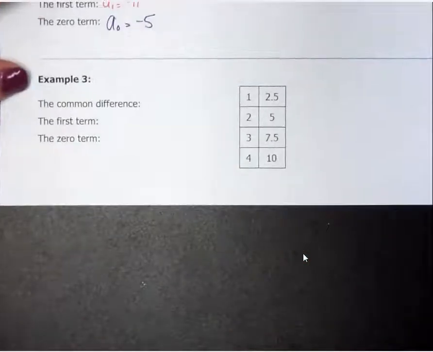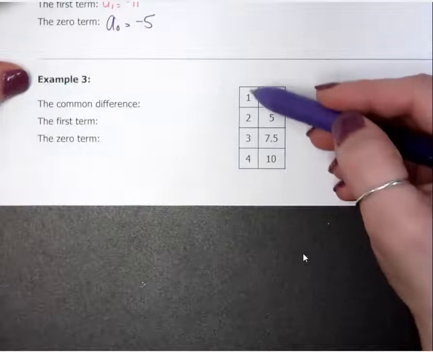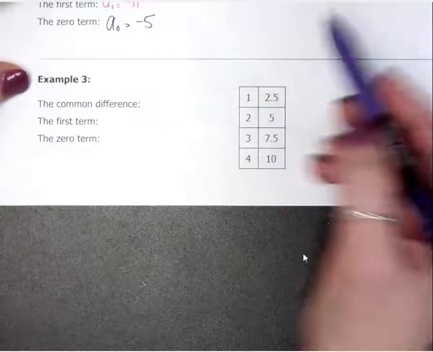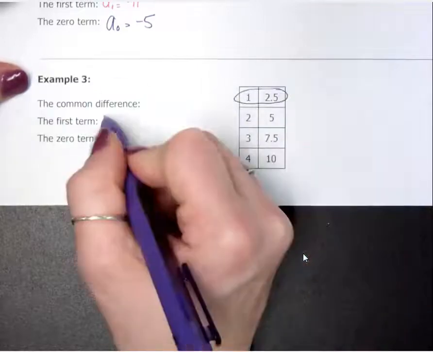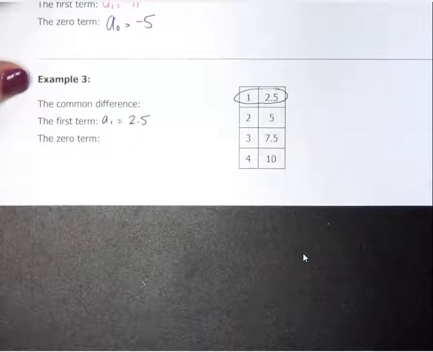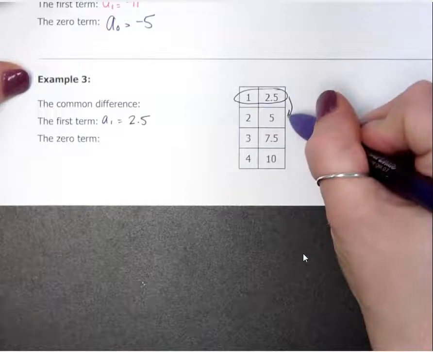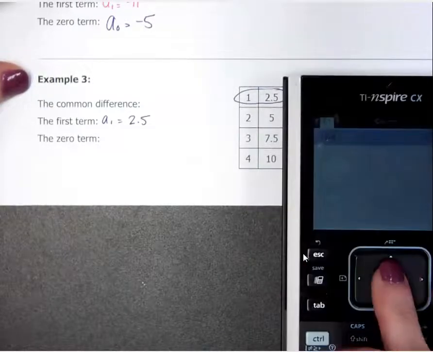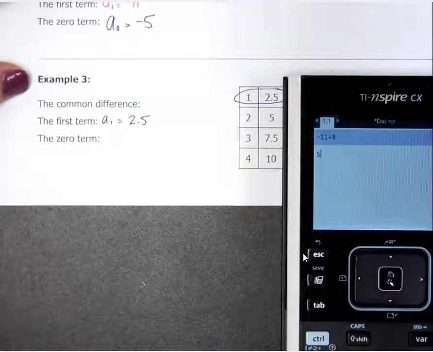Last one. Here we go. This one's in a table. So this right here is just telling you your first term. First term's already done for me. Thanks, table. You're so nice. I still need to find my common difference, though. So how do I get from 2.5 to 5? If you don't know, take 5 minus 2.5.